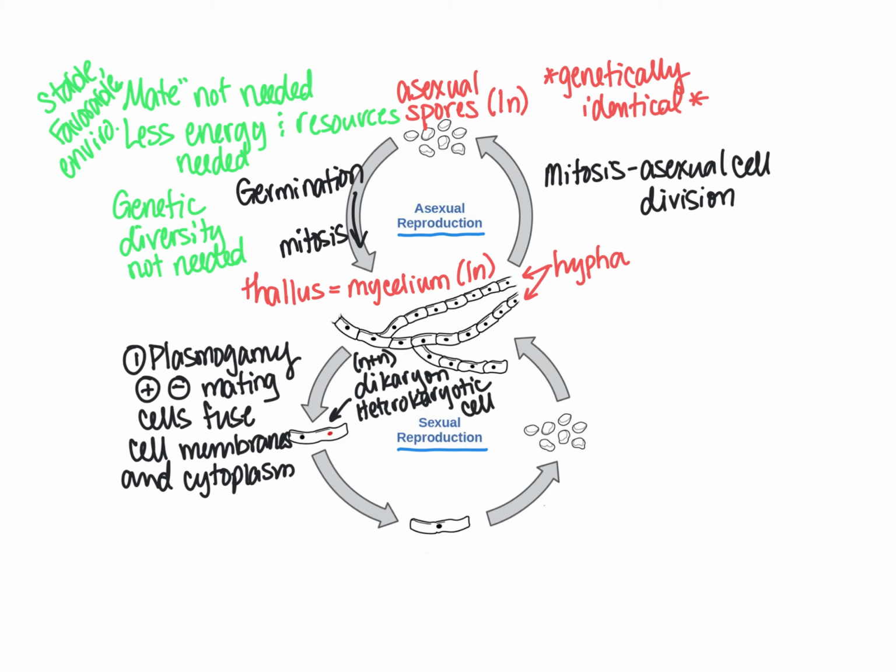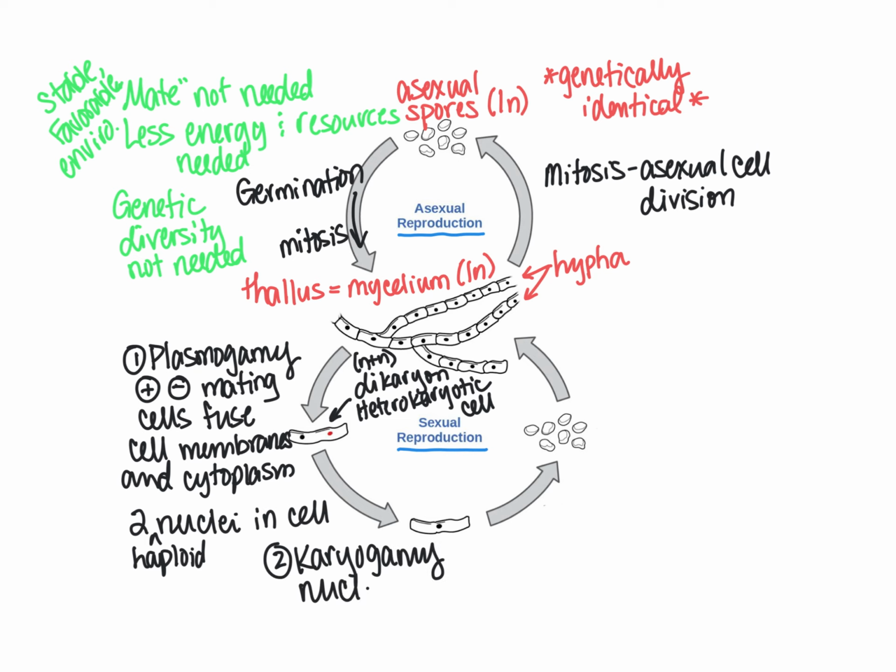So you can see that we have two nuclei in the cell, and these are two haploid nuclei. In stage 2, we have karyogamy, in which the nuclei fuse.